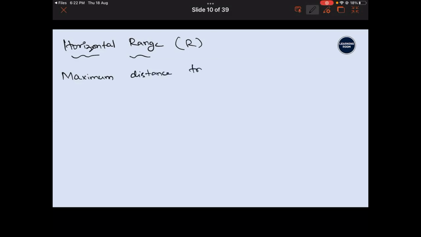And the last one that you need to calculate is the horizontal range, R. So horizontal range is the maximum distance traveled by the particle in the horizontal direction.